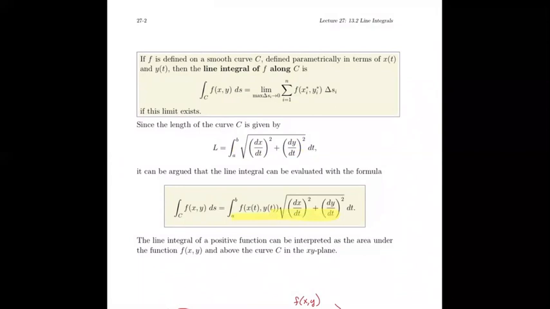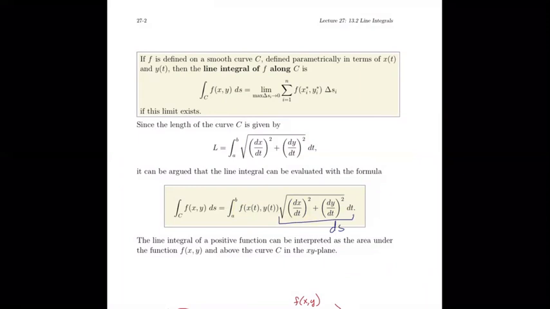We end up with this formula here. So note that the right half of this, from the radical to the right to dt, is ds. This is all ds written into the integral. It's just been swapped by that. So that is our integral of f along C, the line integral of f along C.